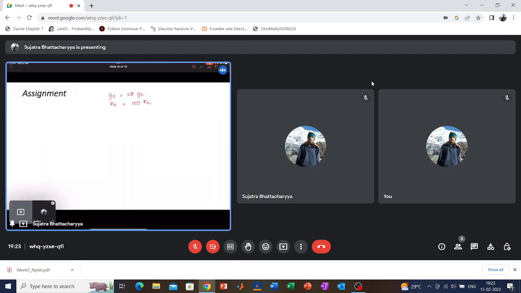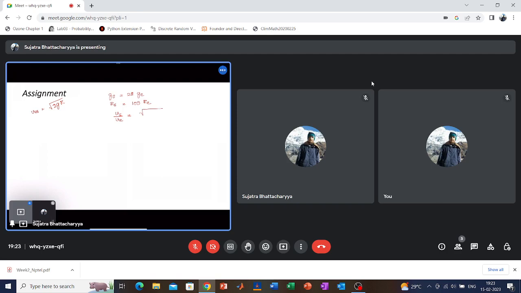Now what we have to find out is V of sun divided by V of earth, the escape velocities. We have already seen the escape velocity formula is nothing but root of 2gR. We have also calculated the escape velocity of the earth. So now I will use this formula.